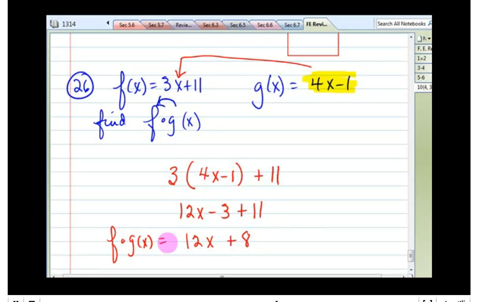And that would be your answer. So just note which function goes to which. On the test, it could be g of f, which means you put f into g. So you just look at what's on the right and put that into the other one. All right. Okay, we're getting there.